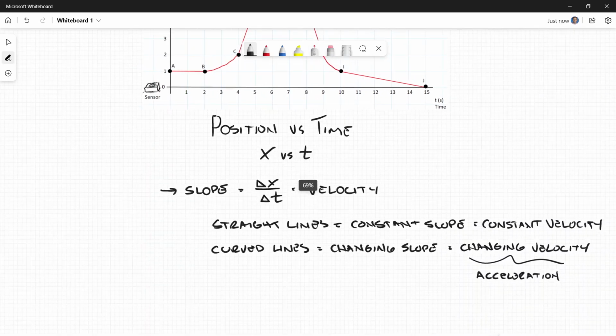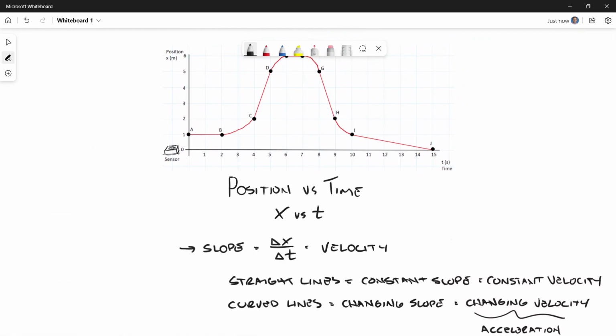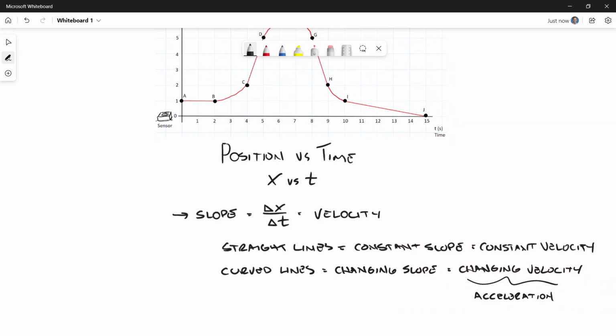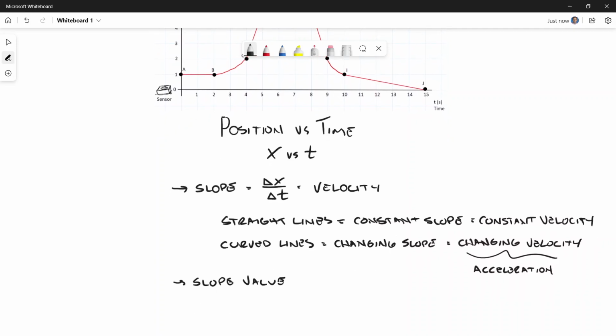Not only do we need to identify whether the slope is constant or changing to see if it's constant velocity or accelerating, but now we can look at the steepness of the slope. We call that the slope's value, also known as the amount or the magnitude.